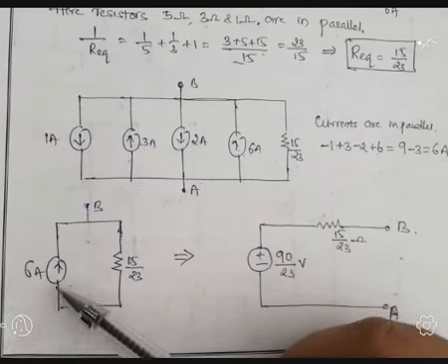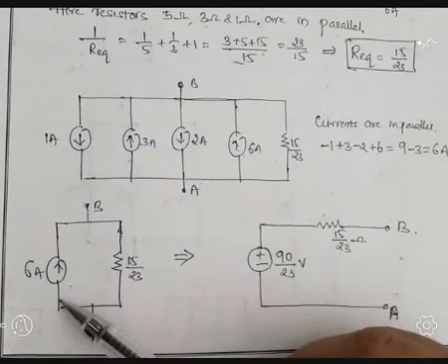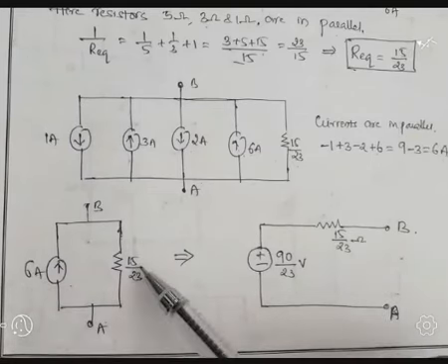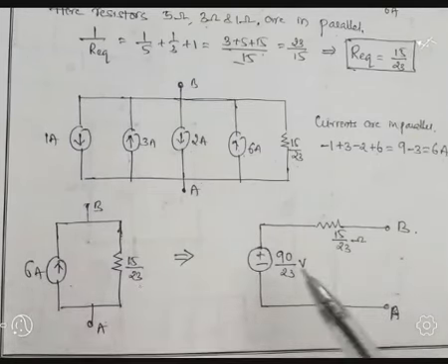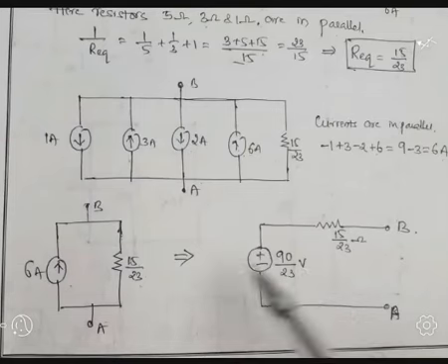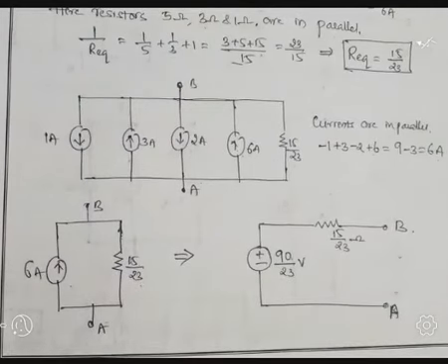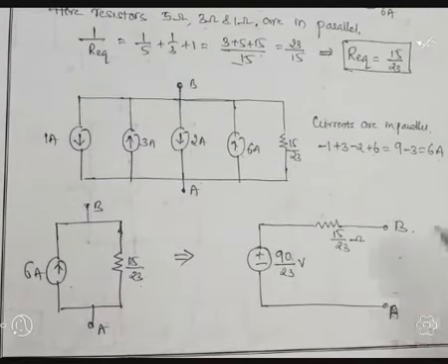V equal to I into R, hence 6 multiplied by 15 by 23. 6 into 15, that is 90. 90 by 23 volt, that is in series with 15 by 23 resistance. So finally, in between the terminals A and B, we got a voltage source having the value 90 by 23 volt in series with the resistance 15 by 23. This is about the source transformation.